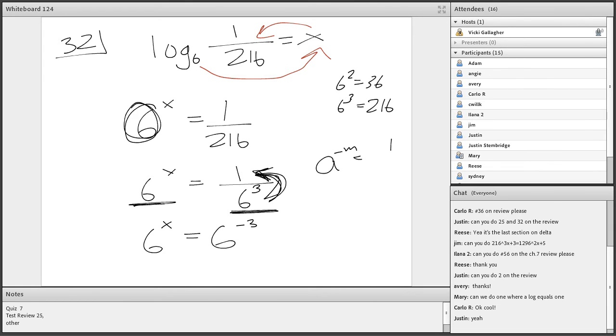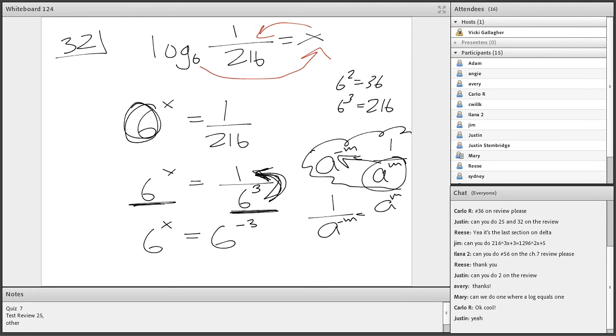It said if you have a negative exponent, it moves to the other side. Also, if it's negative on the bottom, it can become positive on the top. We're kind of doing the backwards of this first rule. We had a positive on the bottom, and we're rewriting it as a negative on the top. And then at this point in time, we can cross out our 6's, and we discover that x is negative 3.